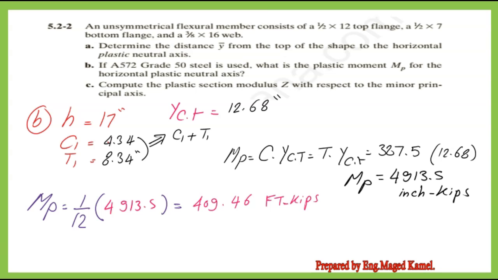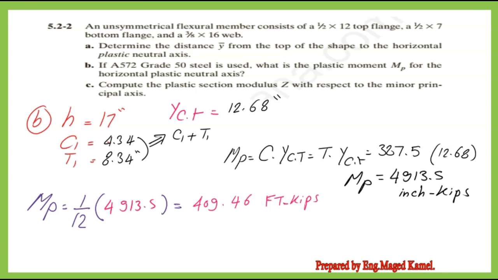In the next slide, we have C, T, the force values, and C1, T1, the two distances. The plastic moment M sub B is equal to C multiplied by C1 plus T1, or C multiplied by YCT, which is the distance between the compression force C and the tension force T. The M plastic value equals 387.5 multiplied by 12.68.